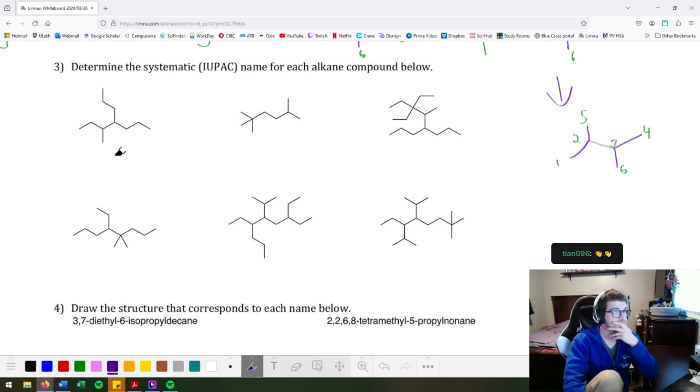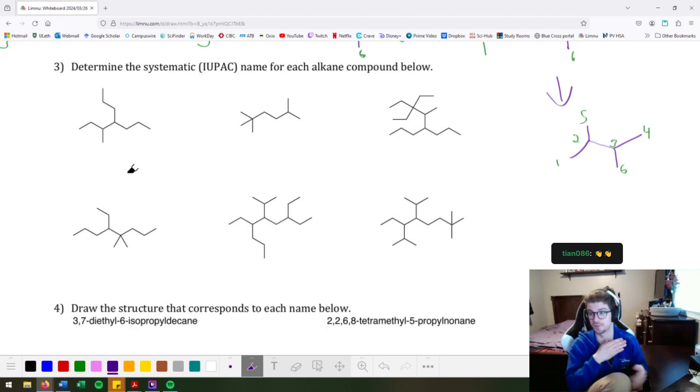Okay, so when we're going from a given structure to a systematic name for the compound, the first thing to do is find the longest carbon chain, because everything that's attached to that carbon chain is based on the structure of the longest carbon chain.